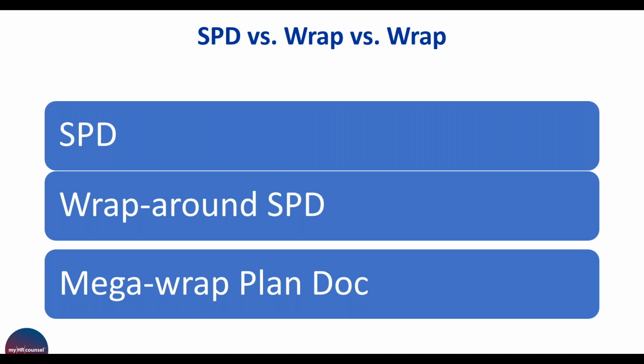We talked briefly just a little bit ago about 5500s, and we talked about them last week. For 5500 form failures, you can be subject to penalties up to almost $3,000 each day for not having your 5500 complete or filed.